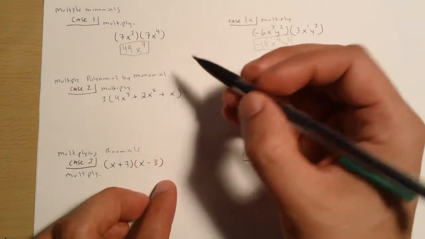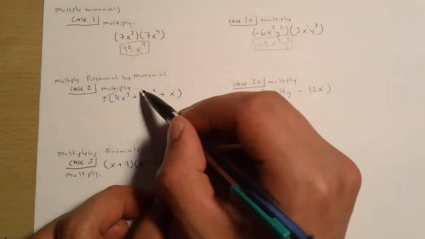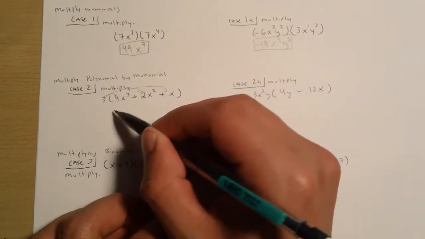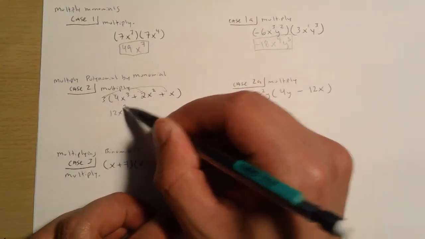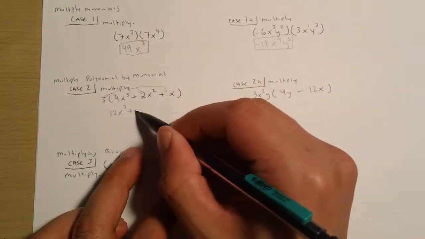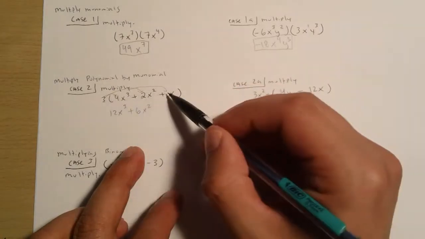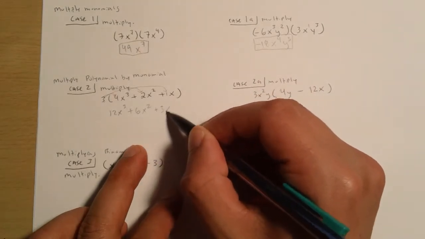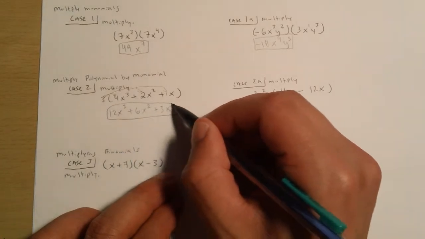This 3 is going to distribute out to everything inside. 3 times 4 gives you 12, and the x cubed comes along for the ride. 3 times 2 gives you a positive 6, and x squared comes along for the ride. 3 times the imaginary 1 gives you positive 3x. And here it is.